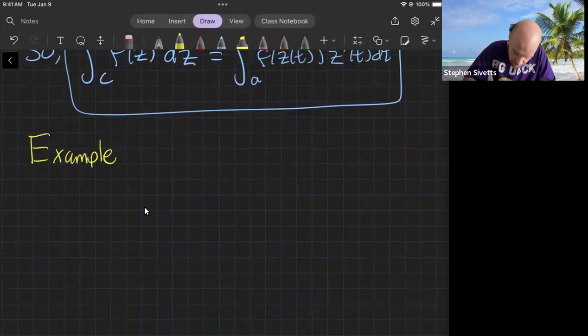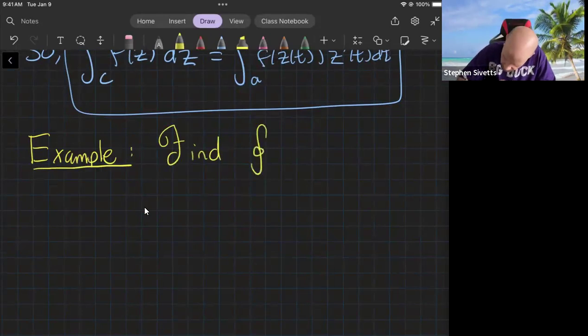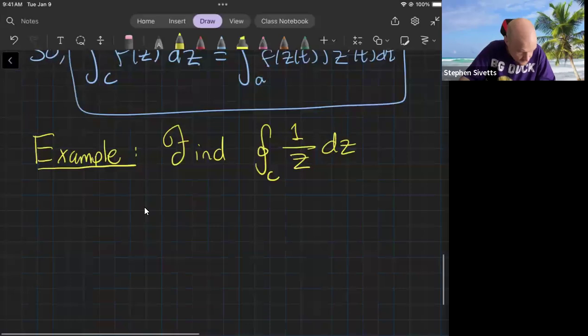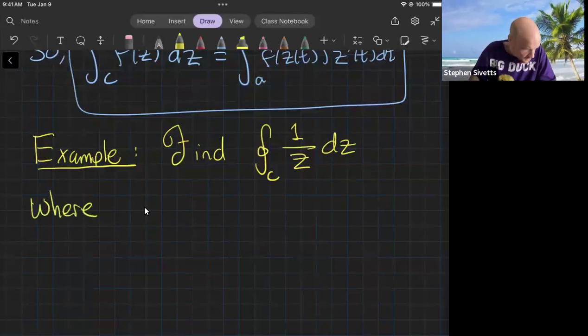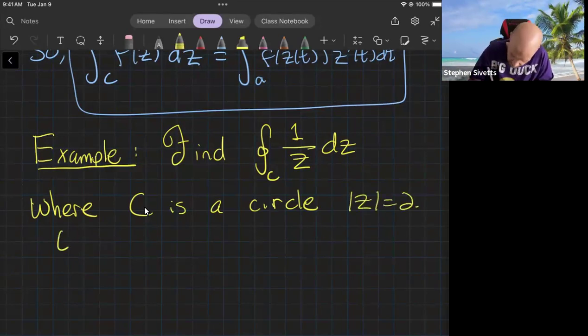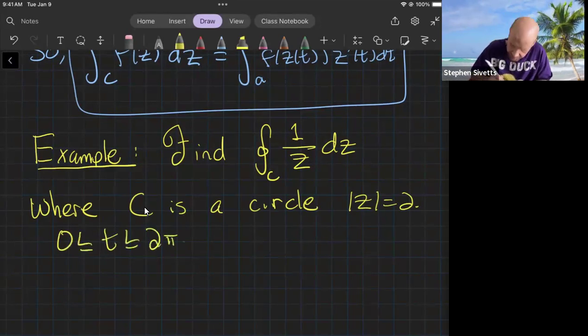Find the line integral over the closed curve C of 1 over z dz, where C is a circle of radius 2, and t is in between 0 and 2 pi.